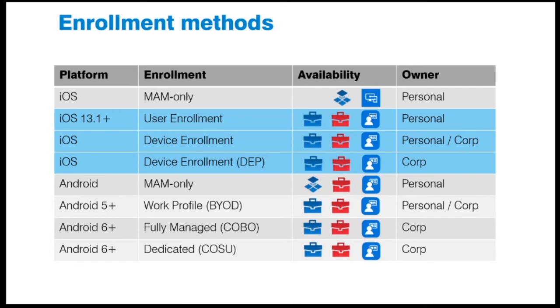So the device is clearly personally owned, as in device enrollment, which is currently widely used. You can have personal as well as corporate phones registered. Device enrollment is only for corporate devices where you can control almost every function of the device there.